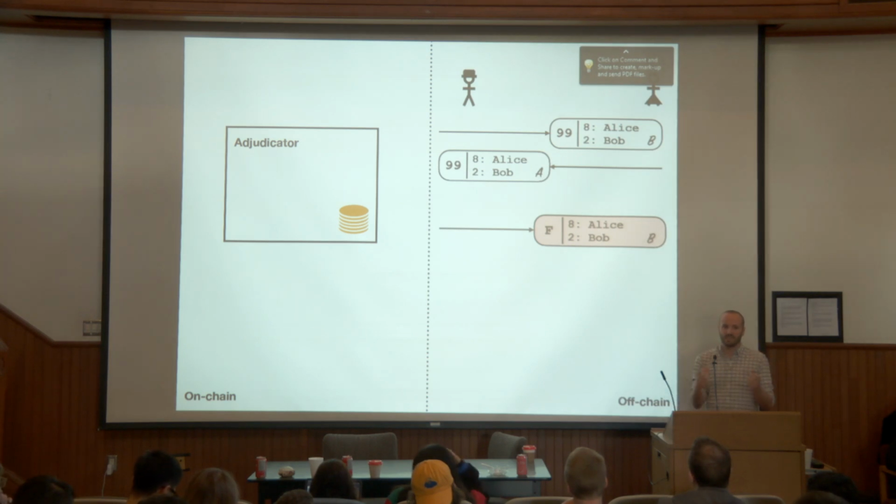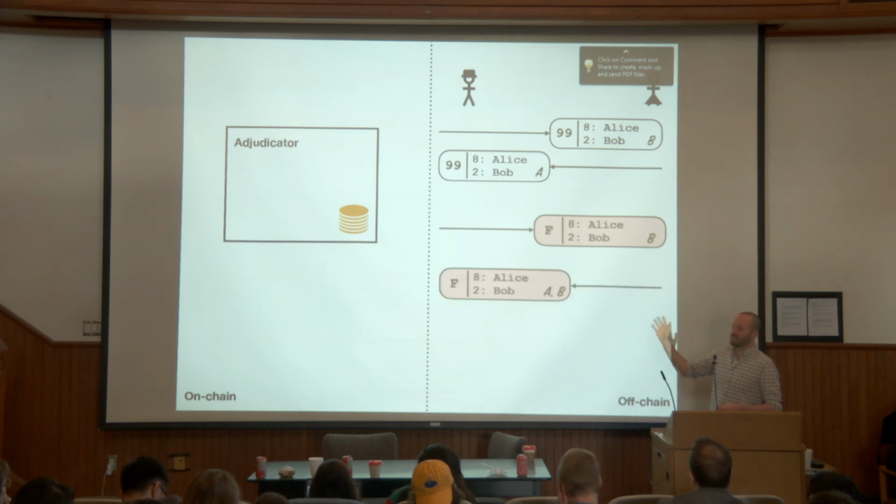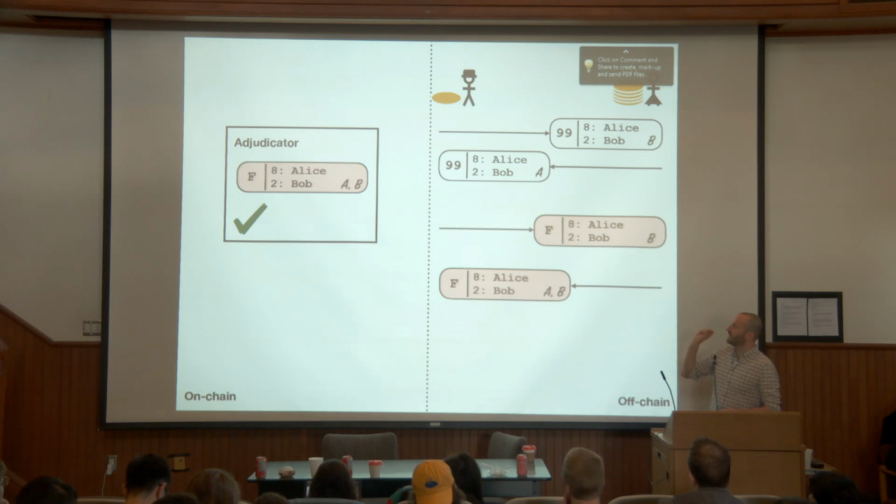It's important that this is explicit, it's not just another state. The participants need to know they're signing this thing. The other participant double signs it or something. Once you've got this double signed final state, that can be submitted to chain. Instantly, it gets accepted and the coins are split.